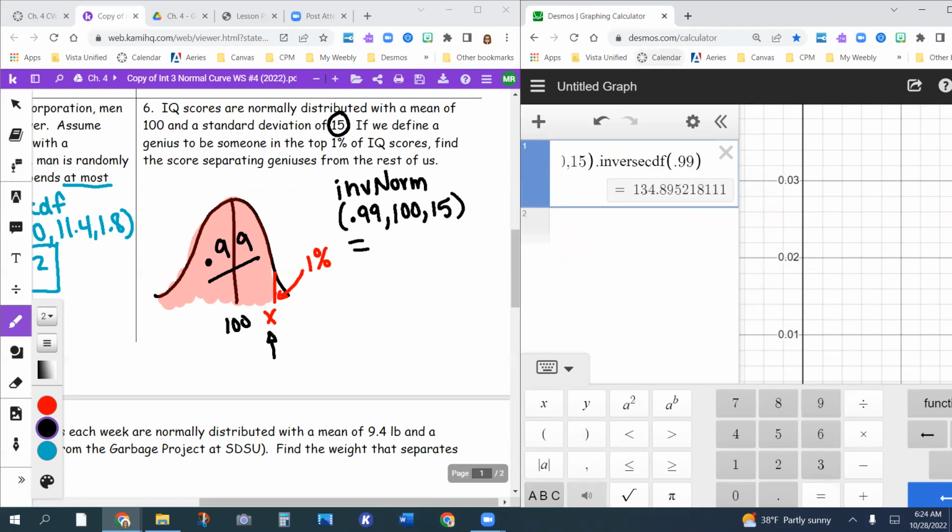And so the score needs to be 134.895. So that's going to push it up to 135. That is the score.